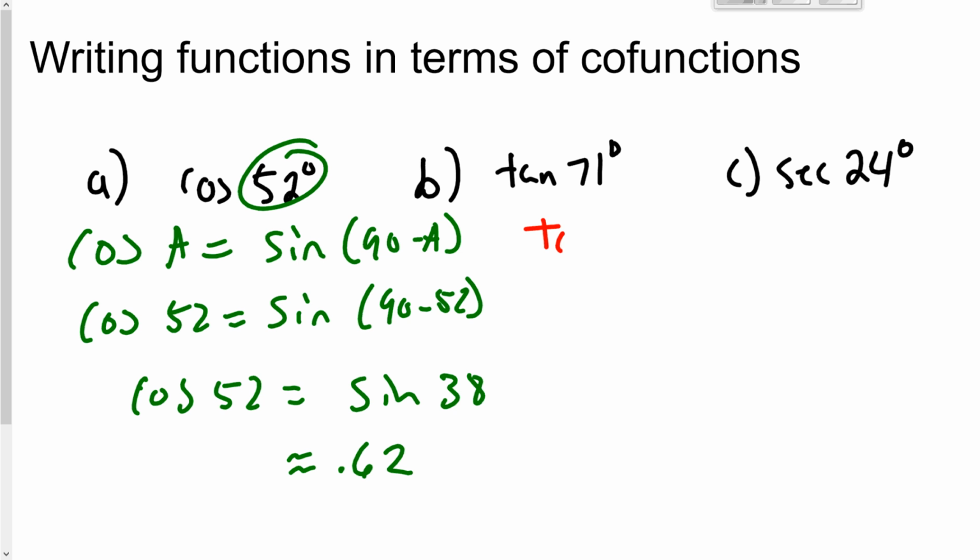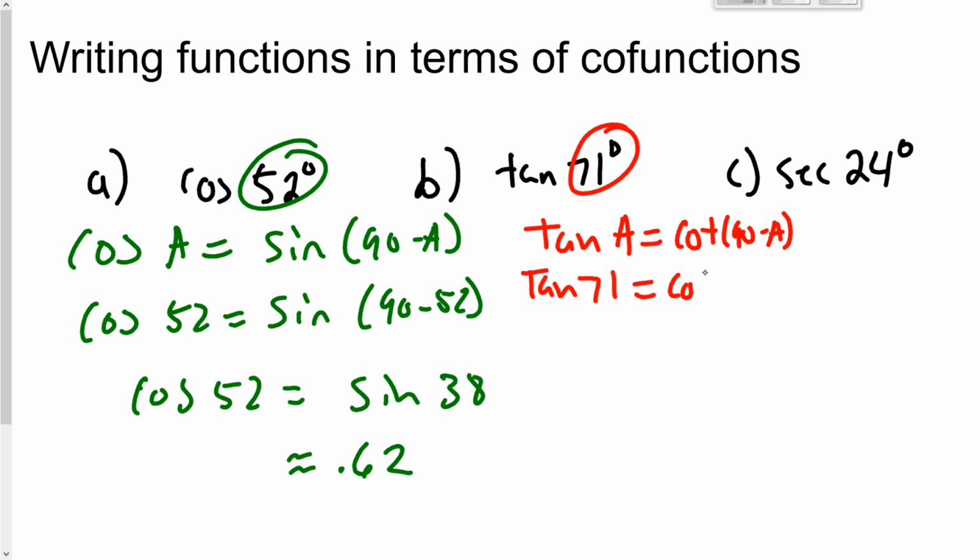Tan of A is equal to cotangent of 90 minus A. My A is my angle, so tan of 71 is equal to cotangent of 90 minus 71. So that's 19, so cotangent of 19 is the cofunction of tangent.